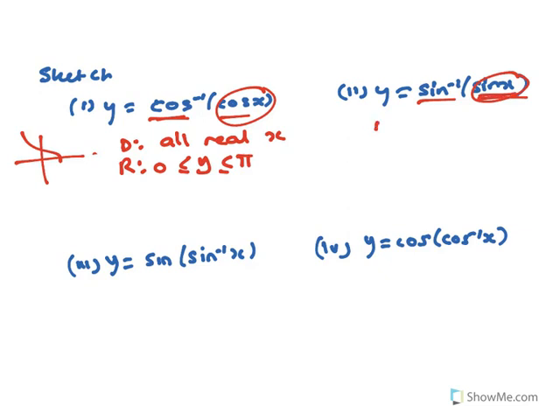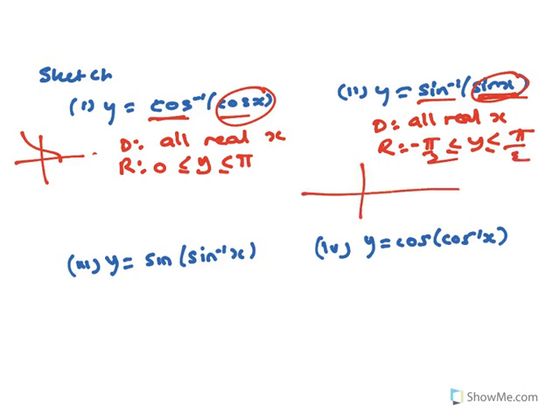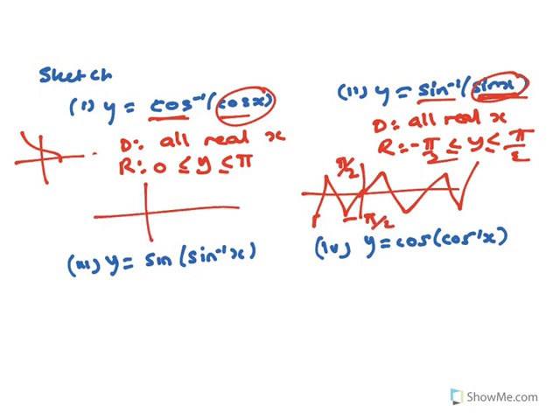Whereas the sine one, the y value has to go between minus pi on 2 and pi on 2. So this one is a zigzag between pi on 2 and minus pi on 2, whereas this one, sorry, it's not going to be like that, because it's got to go between pi and 0, so going like that.